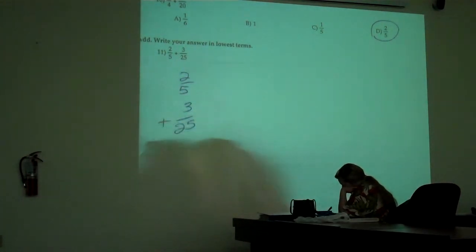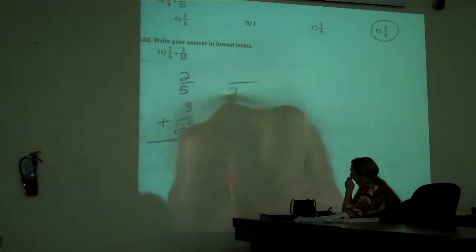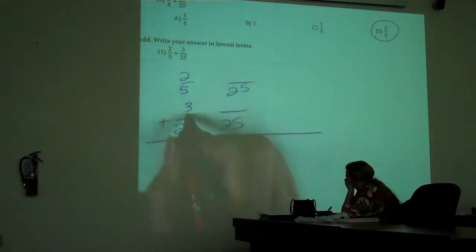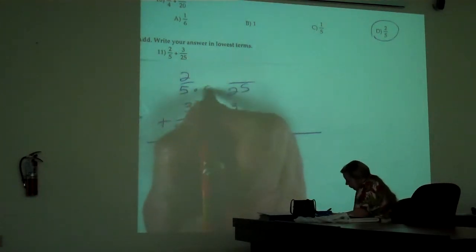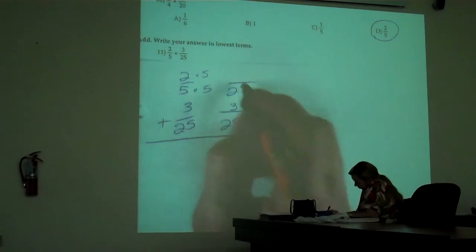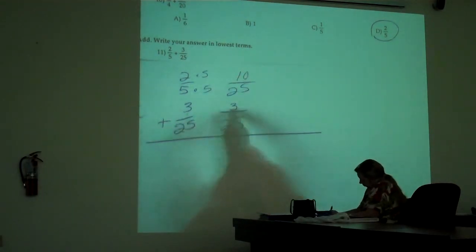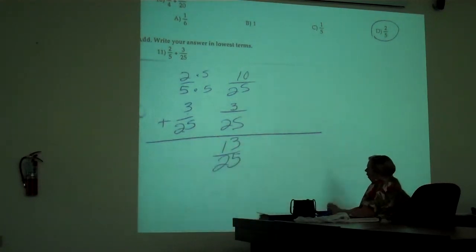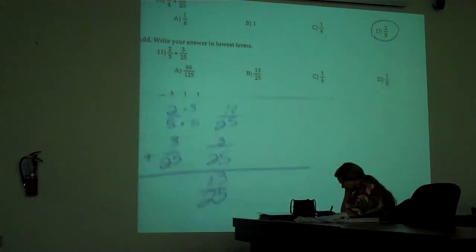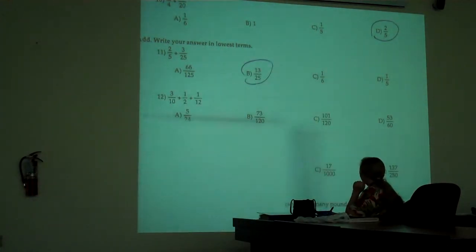Okay, we're adding. What's the common denominator? 25. Stayed the same, so this stayed the same. 5 times what? 5. 2 times 5? 10. 10 plus 3? 13 25ths. Can we reduce that? No. So that's your answer. 10, 2, and 12.